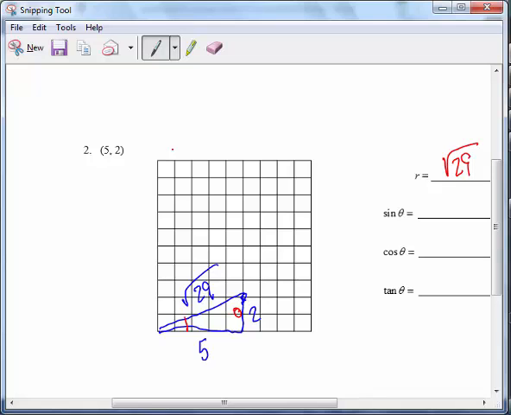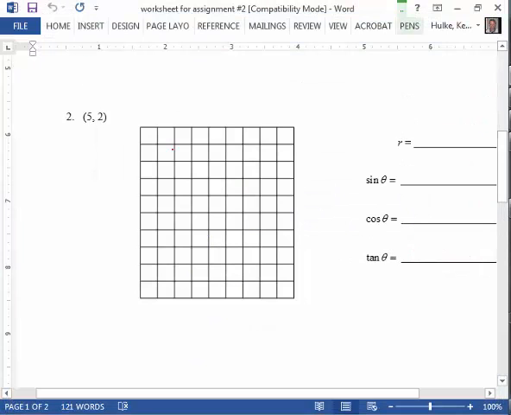Sine is opposite over hypotenuse, so sine is 2 over square root 29, which is 2 root 29 over 29. Cosine is adjacent, 5 over root 29, which is 5 root 29 over 29. And tangent is opposite over adjacent. So that's how you do the worksheet and the assignment.